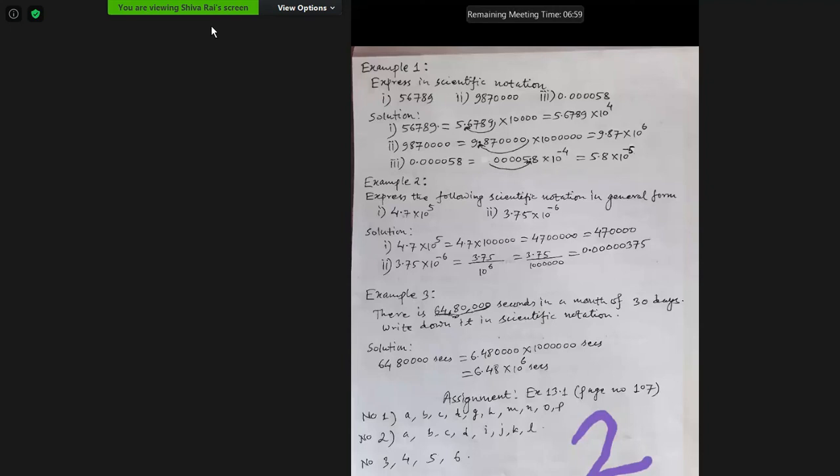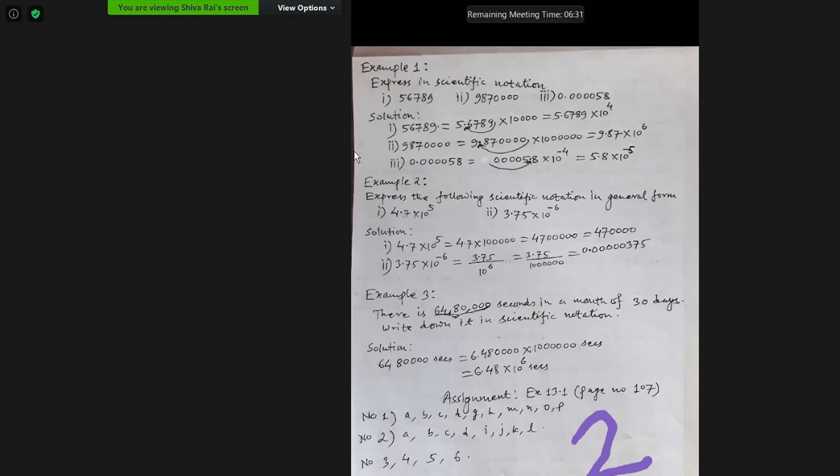There is a little mistake. I am removing the whole part because it makes confusion, so I write just the zeros after the decimal. So 5.8 is less than 10. How many places are we shifting the decimal? In this case we are shifting right, not left.